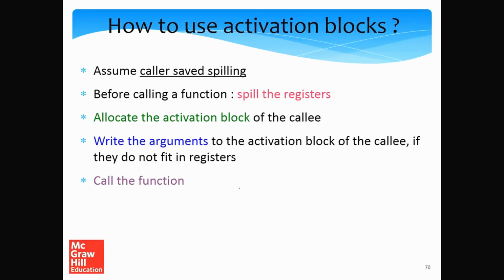So let's assume that we have the caller function executing. We execute one instruction, another, and then we decide that we need to call a function. Since we assume caller saved spilling, the first thing that we do is spill the registers. Spilling the registers basically means writing the values of the registers that we are interested in into the activation block of the caller.